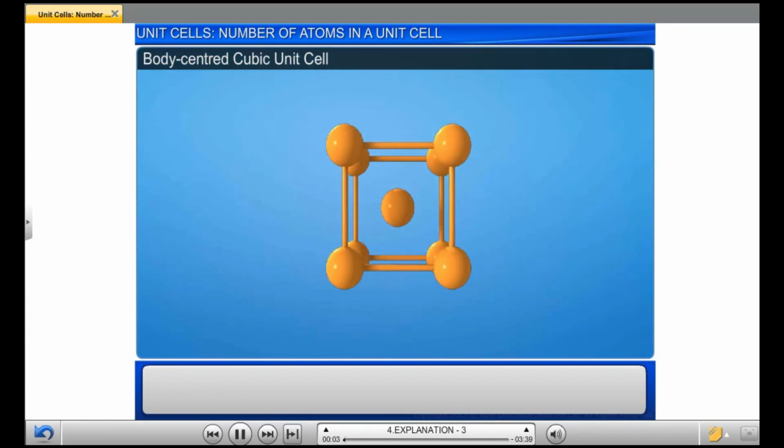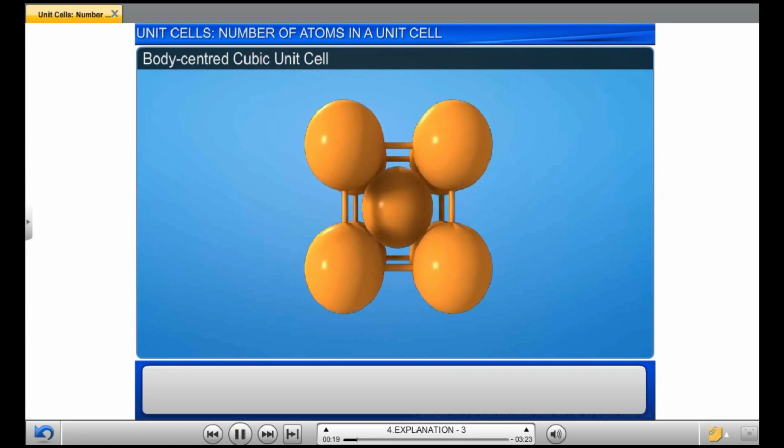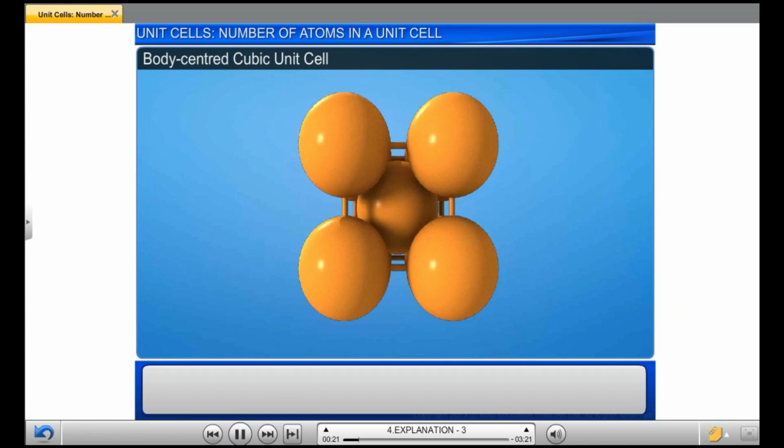A body-centered unit cell contains 8 corner atoms, just like in a simple cubic unit cell. However, there is one more atom at its body center. As a result, the atoms at the corners no longer touch along the edges of the cell in the space-filling model.